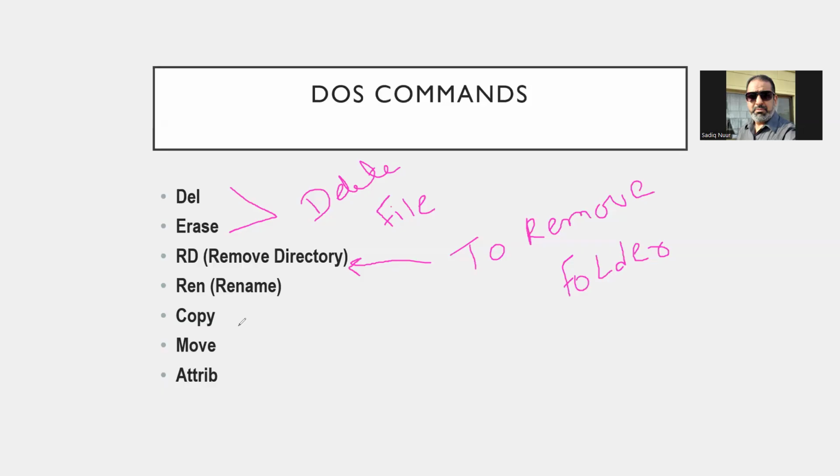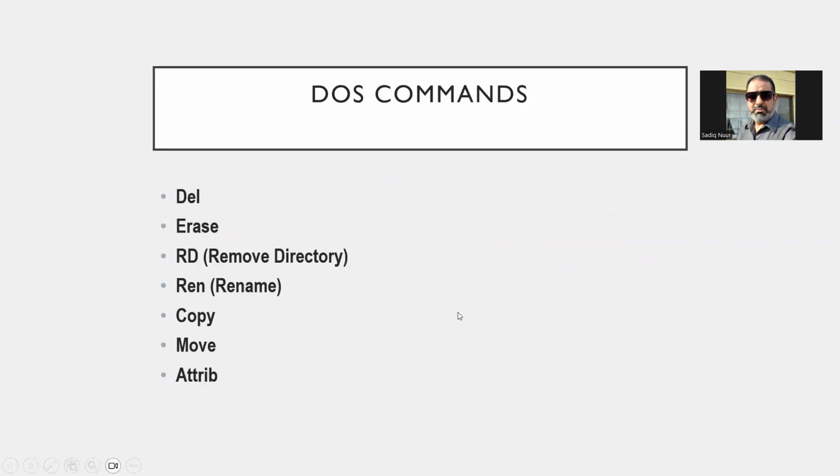The move command does two things: it renames your folder, and it moves your files from one location to another. As I mentioned, the attrib command is used to make your file read only and to hide any confidential files, which I'm going to demonstrate to you. I will show you practically how these commands work.